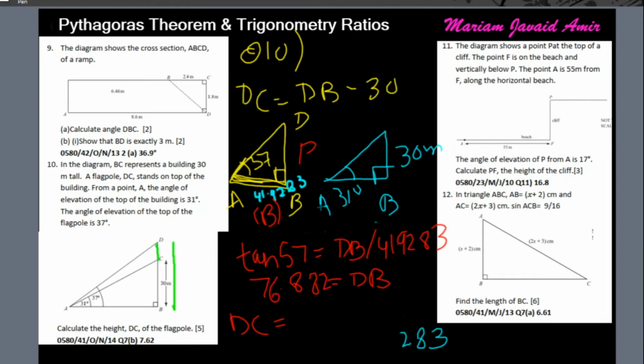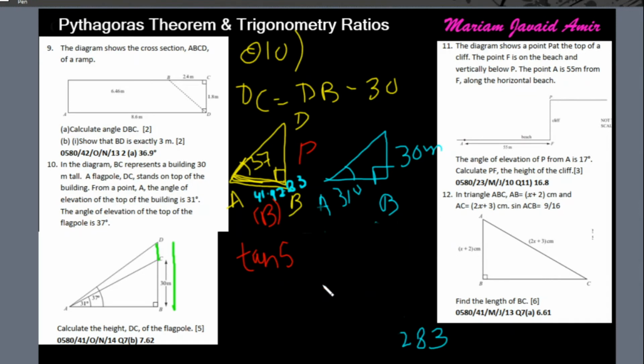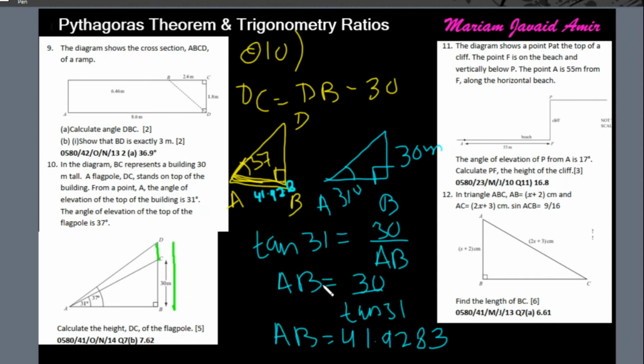So let me see, where did I mess up? Okay, somewhere I've made a mistake in finding AB, so I will need to go back a long way. Okay, yes. So tan 31 equals 30 over AB.